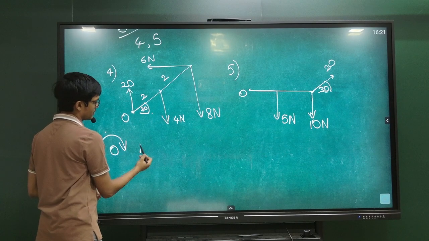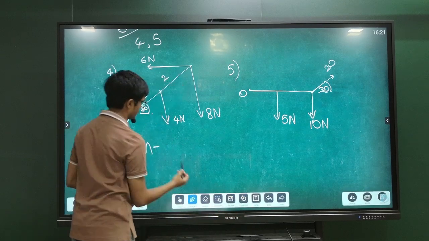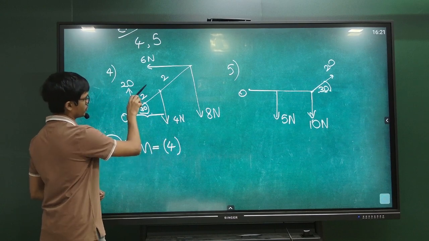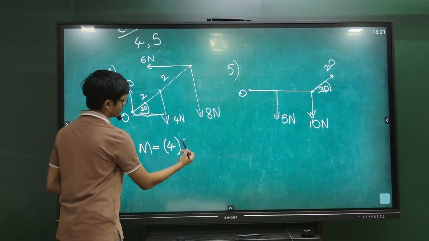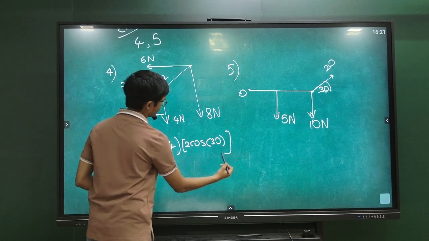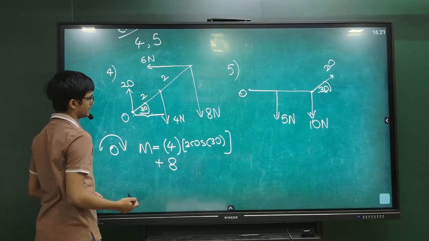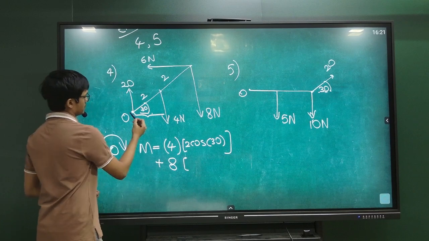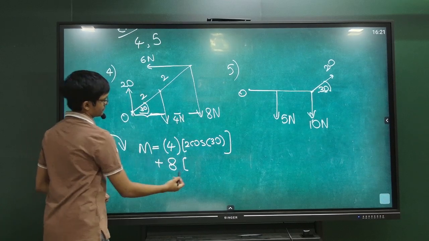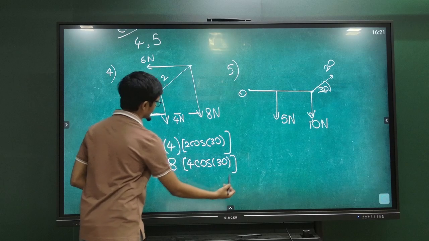First this one, 4 newtons. This length 2 cos 30. Then 8, same direction, plus 8. Perpendicular distance 4 cos 30.